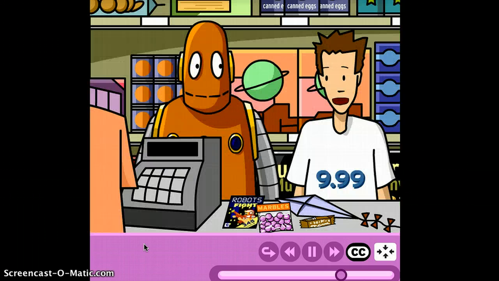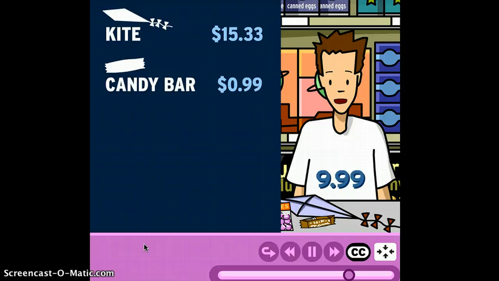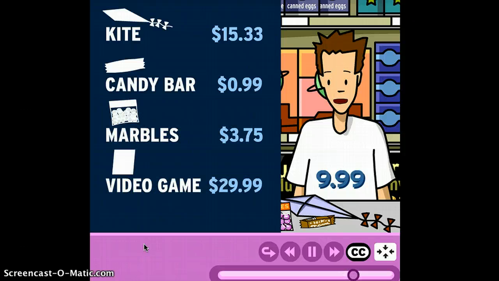Well, rounding's useful in a lot of real-life situations. Like now. I only have $50 with me, but this kite costs $15.33, the candy bar costs 99 cents, the marbles cost $3.75, and the video game costs $29.99. I could add up all those numbers, but I don't have a calculator, and it's kind of inconvenient to pull out a pencil and paper and write it all down in the middle of a store. So I'll round the numbers. It's a lot easier to add 15, 1, 4, and 30.